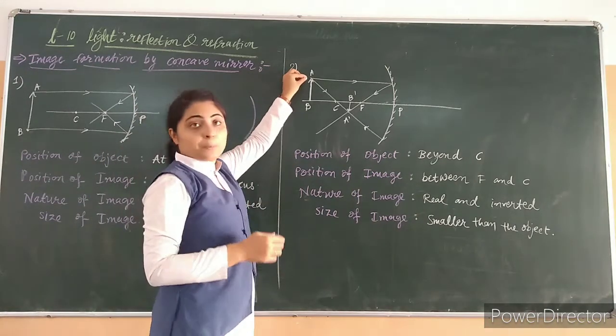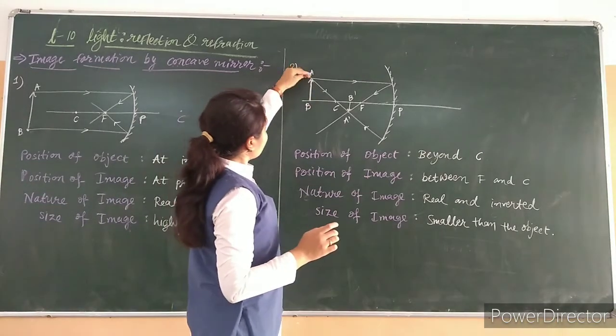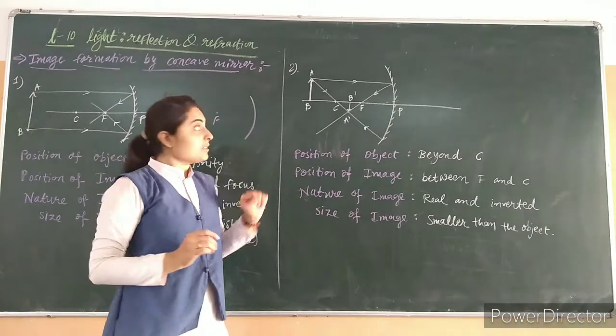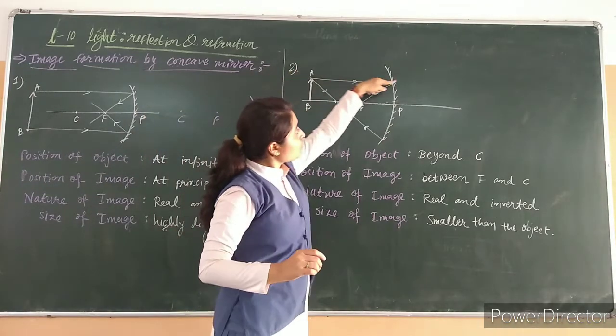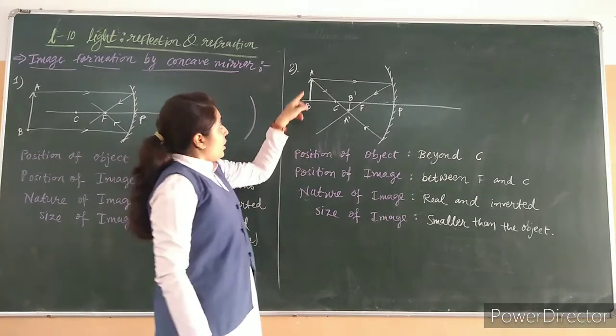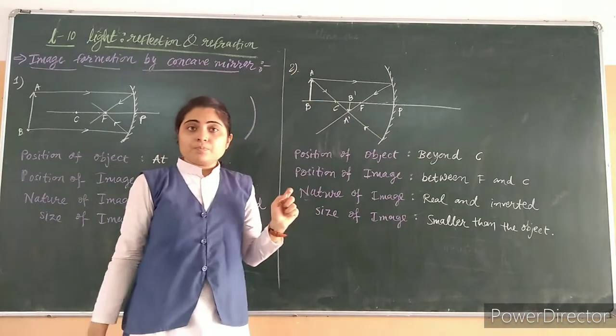For point A, we take some specific rays. One ray is parallel to the principal axis, and it will pass through F. The second ray we choose is a ray passing through C.